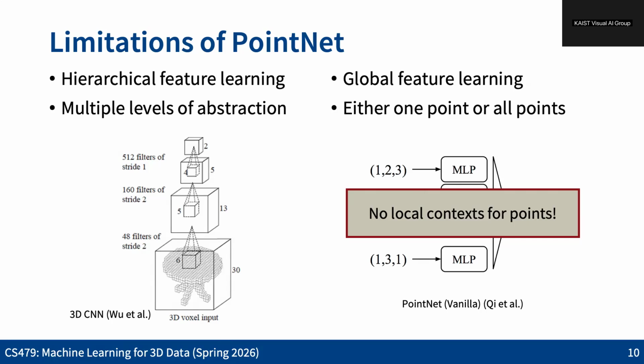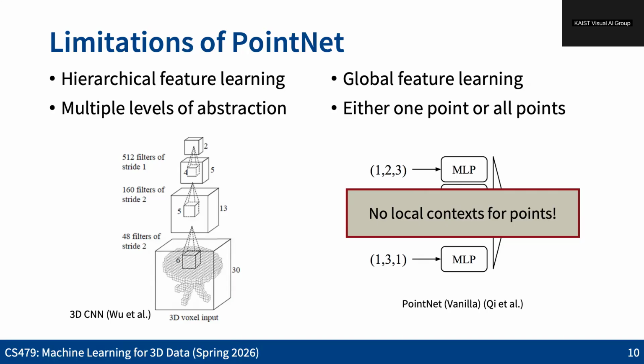So we have this hierarchy of features. The thing is that in PointNet, there's no such deep hierarchy, only two levels, right? We only have the features for each single point, and at the end, we are just aggregating everything, making just the global feature.